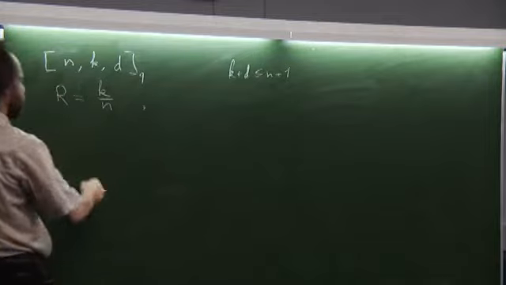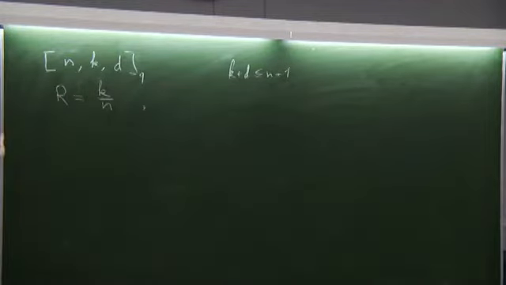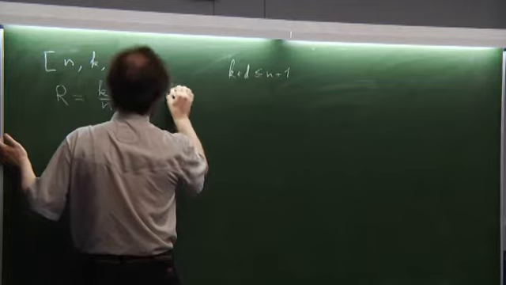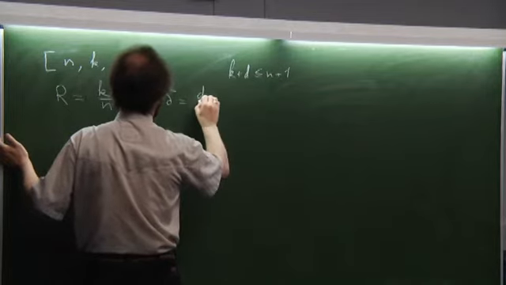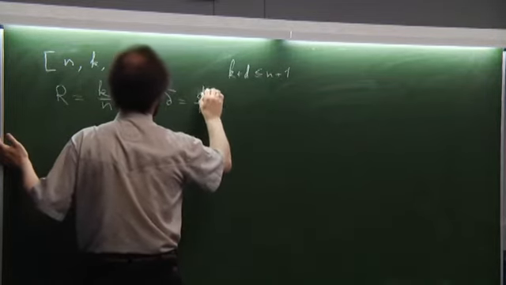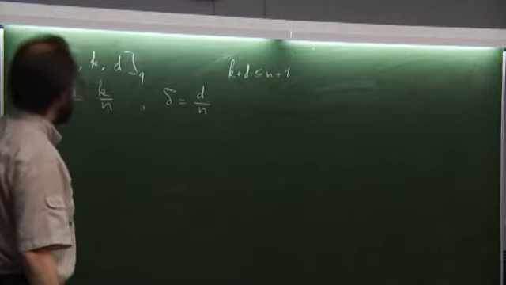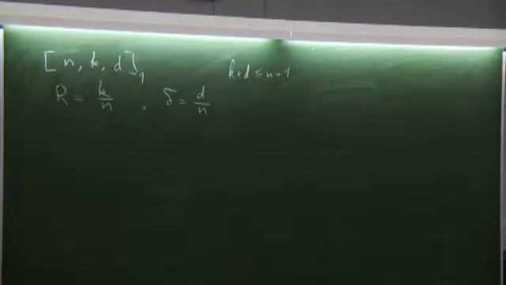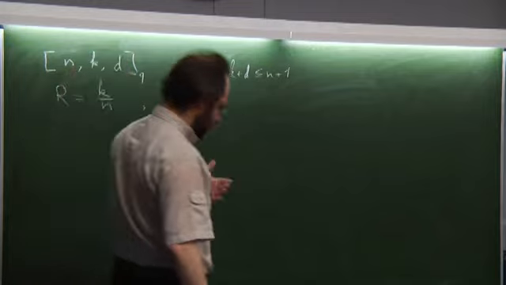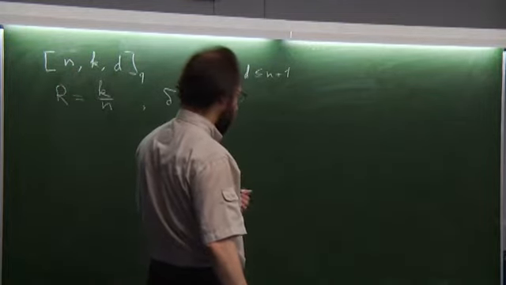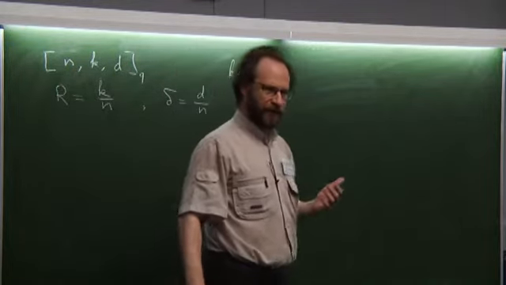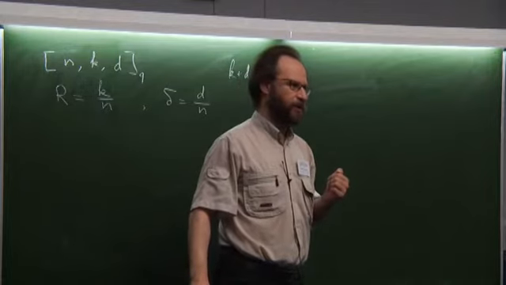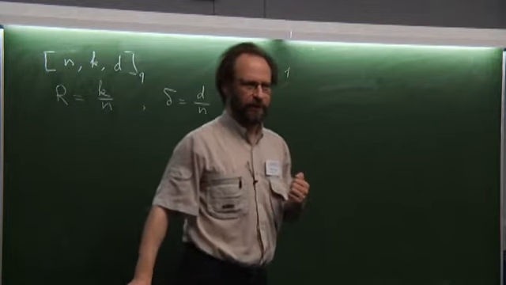This is a parameter that describes the redundancy, and delta, which is d over n, which is, roughly speaking, 2 times the probability of an error with which you still can work in a sense. I won't be more precise on the point.